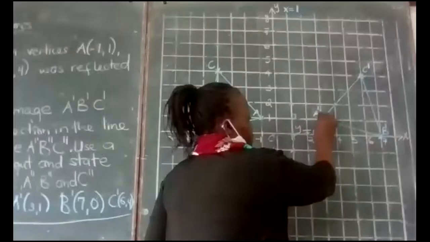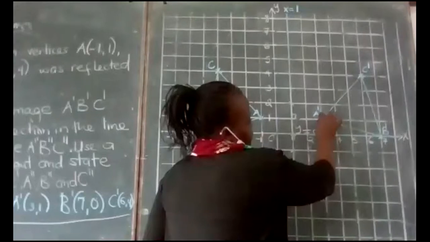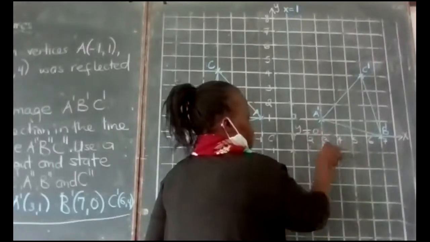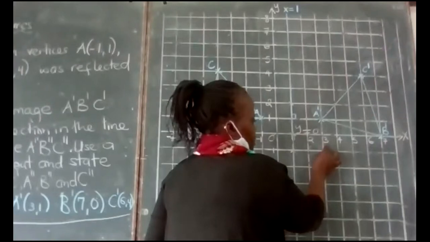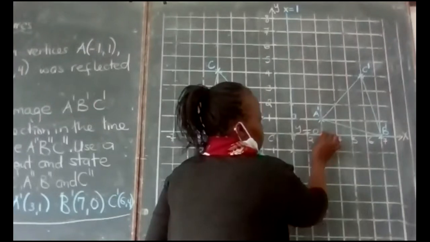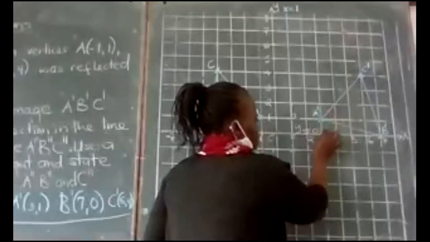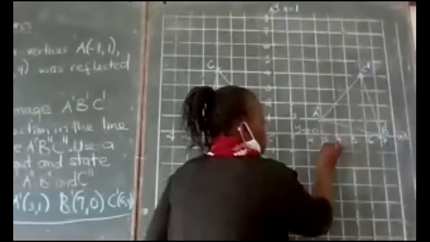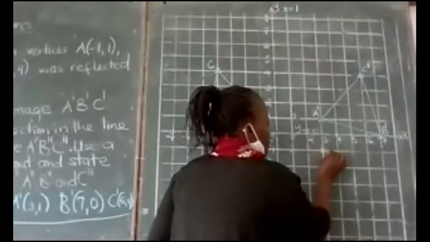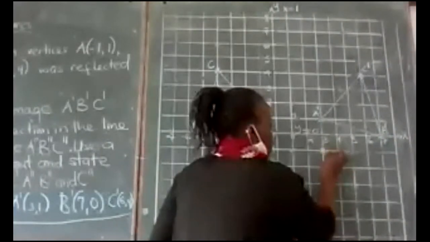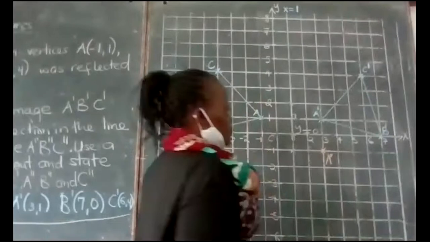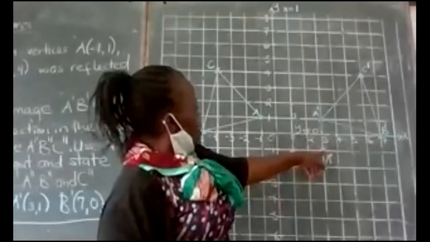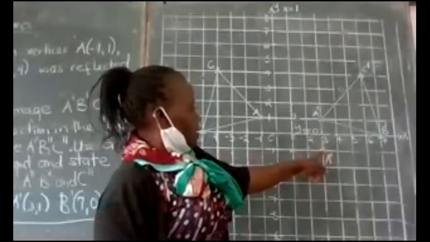So if the object is here and this is the mirror line, then the image must be formed on the opposite side. So we have to move one square down. So our A prime, A double prime is this point, which is giving us the coordinates 3.